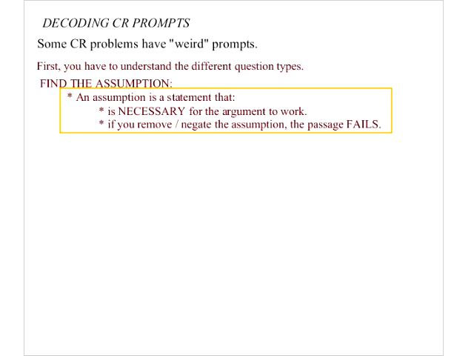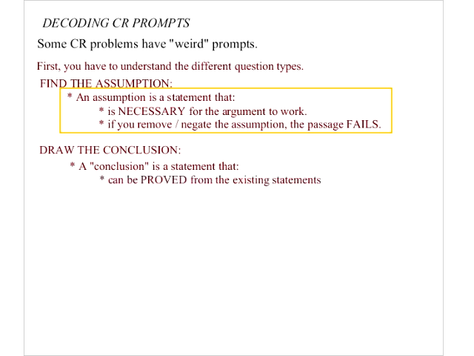All right, draw the conclusion means the conclusion is a statement that can be proved from the existing statements, but is not actually part of an argument.